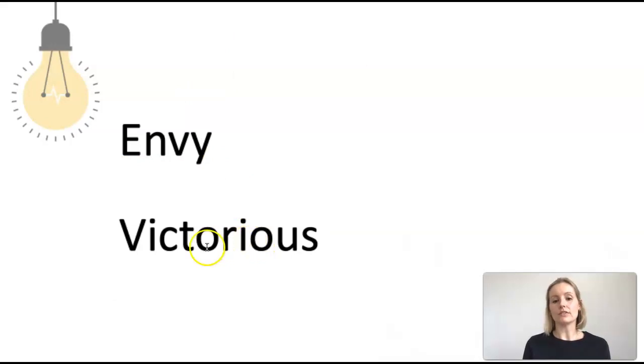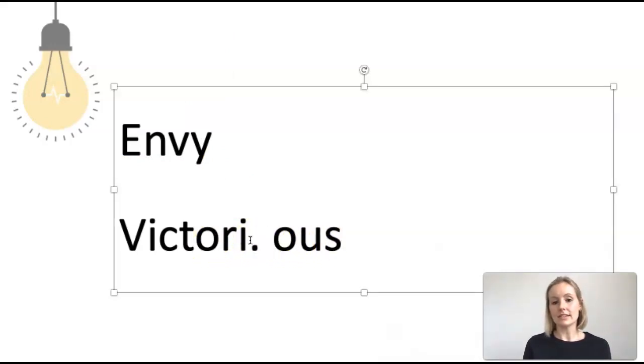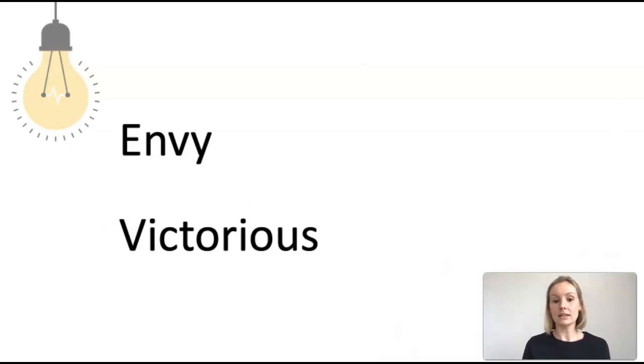Same with the word victorious. The base word here is victory plus OUS, but we replace the Y with an I and then we add the OUS. Again, do it backwards: take victorious, take off the OUS, and we get victory.